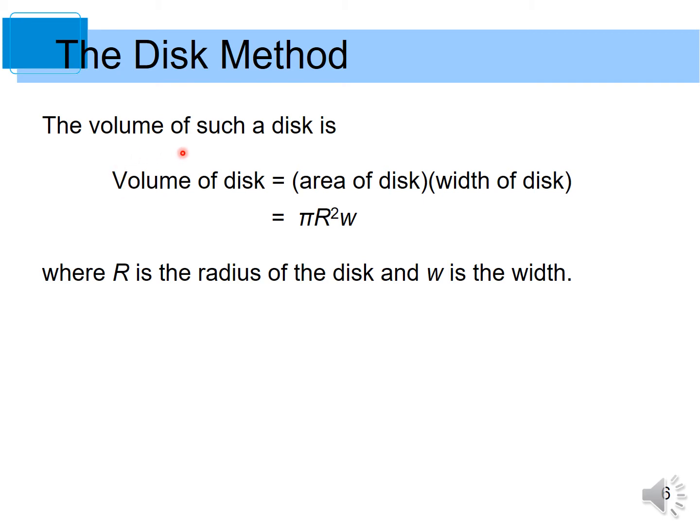The volume of such a disk is the area of this circle times the width, so we have pi r squared w, where r is the radius of the disk and w is the width.